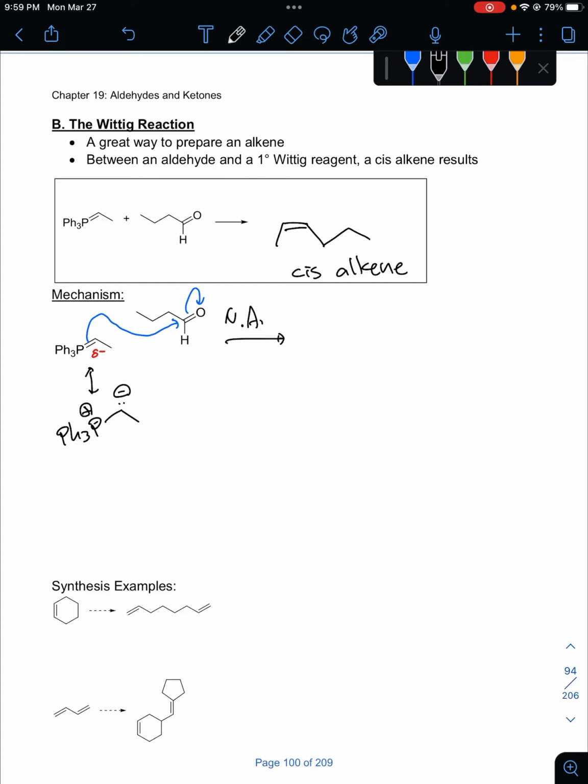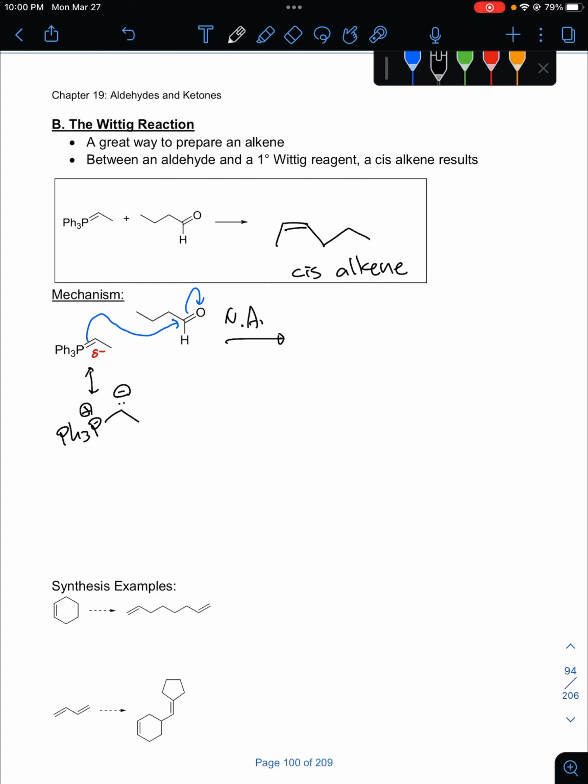So this is a nucleophilic addition step, and you might wonder, did I actually draw that irreversible arrow on purpose? I did, because remember when we talked about reversibility last semester, every time you make a new carbon-carbon bond or carbon-hydrogen bond, usually those are very irreversible.